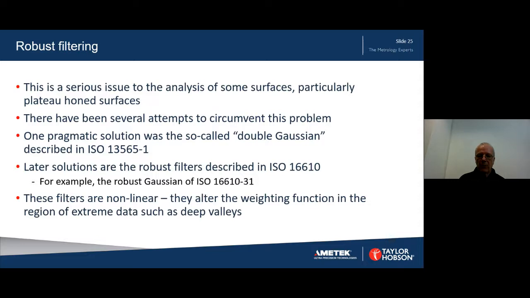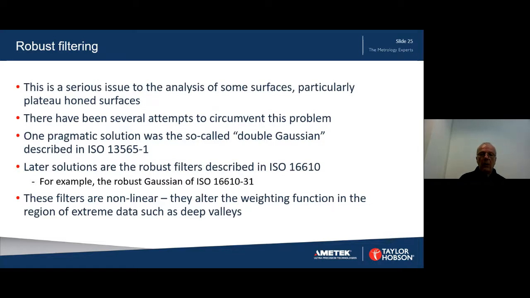A pragmatic approach for filtering multi-process surfaces, such as the example shown, was developed and standardized in ISO 13565 Part 1. This approach uses the so-called double Gaussian described in that standard and is also known as the RK filter. This is more of a process rather than a filter in its own right.